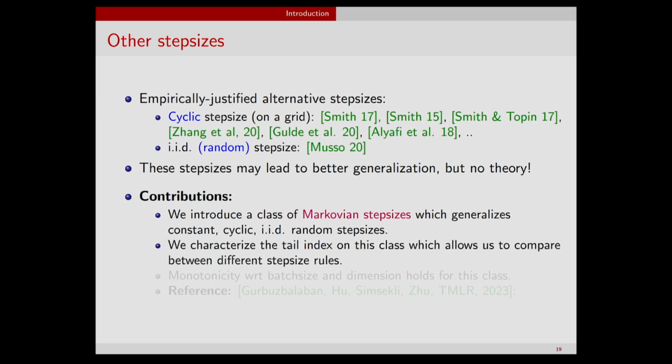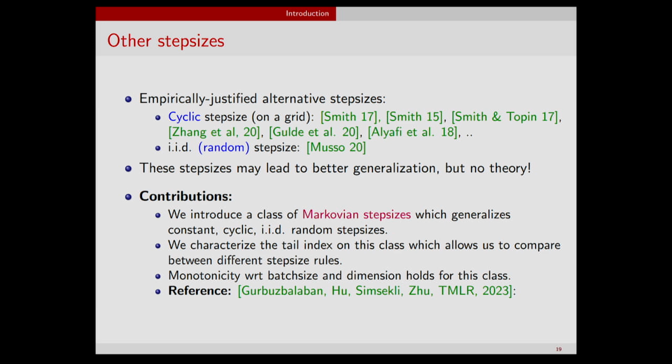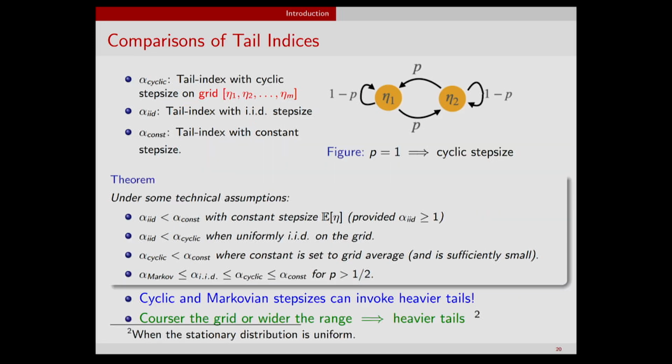And for this class, we can compute the tail index and then compare which one will invoke heavier tails. And then you can also show monotonicity with respect to the batch size, dimension, etc., to understand the effect of the parameters. But let me just give you a very simple idea.